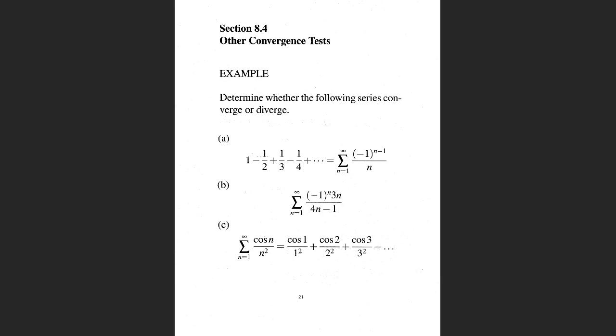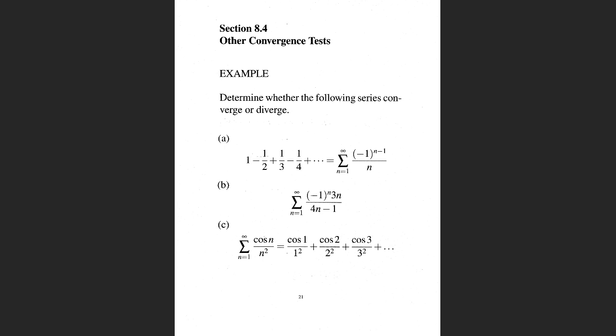So we talked last time about section 8.3, where we used the integral and comparison tests and also the limit comparison tests to determine the convergence or divergence of infinite series where the terms of the series are all positive. Okay, and that's nice, that's fine.